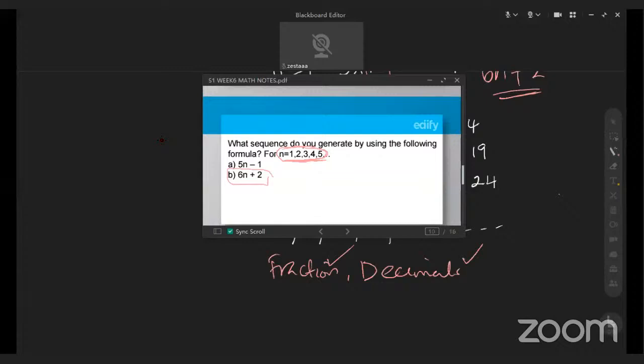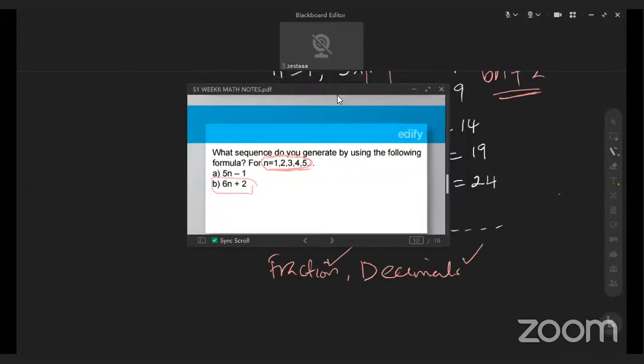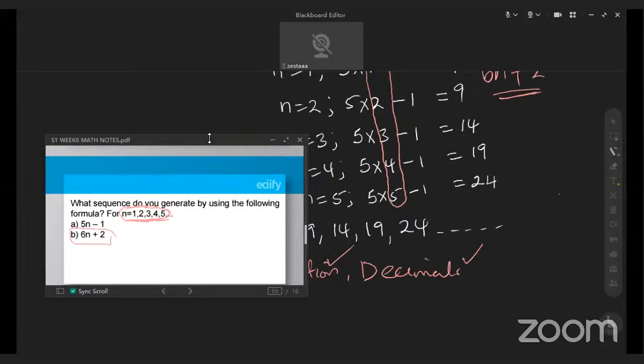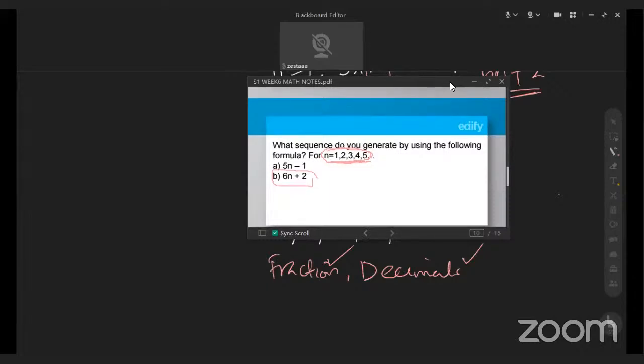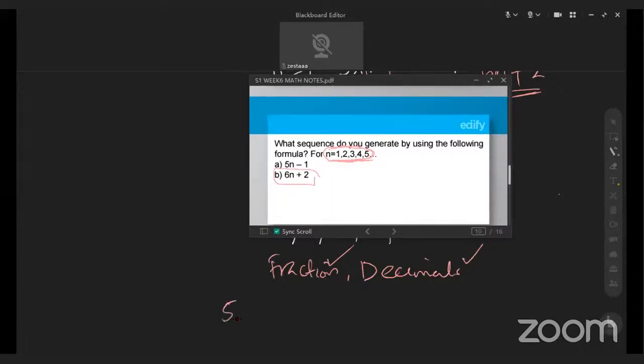Rusty, finally. Excuse me, teacher. You're giving the sequence? 5, 10, 15, and a dash. Teacher, do we use 5?